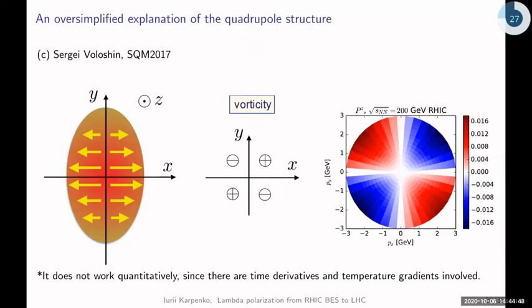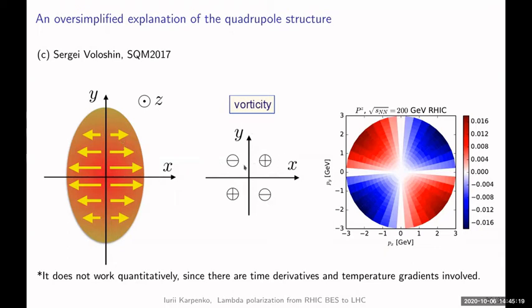Then, to explain that, I throw in this actually quite simplified and not quite accurate explanation, but you can catch the point from here. On the left you can see the sketch of the expanding system, and this azimuthally anisotropic expansion creates the velocity shear, and the velocity shear modulates the vorticity exactly in this quadrupole pattern.